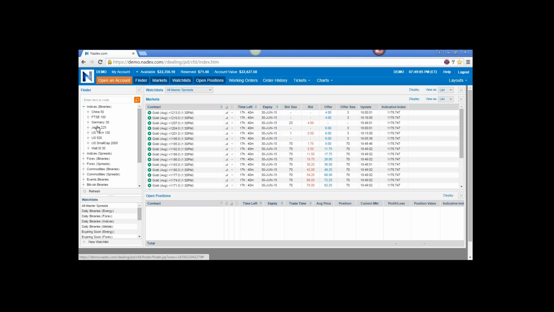The Japan 225, that's the Nikkei. Germany 30, that's the DAX, or the FDAX, which is the German index. And then the FTSE, that's the London index. And then obviously you've got your China 50, which is the China index, okay?